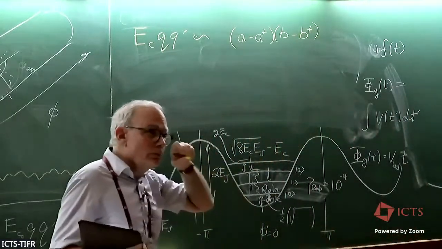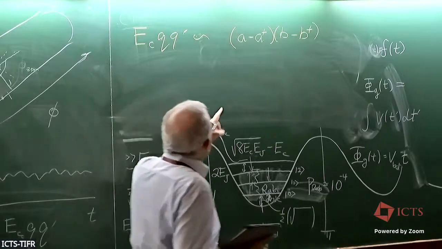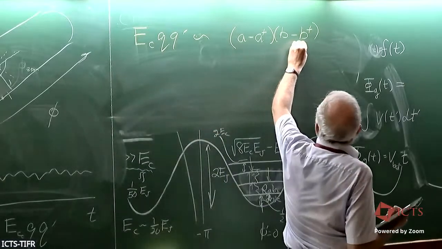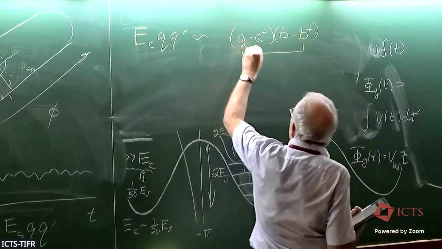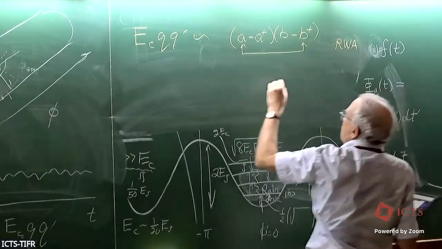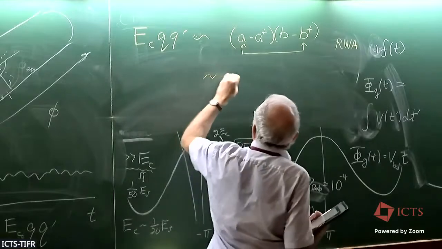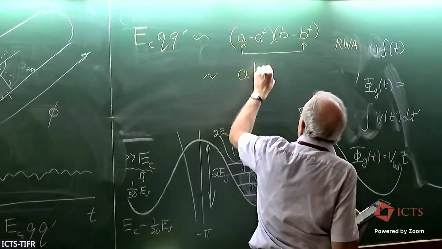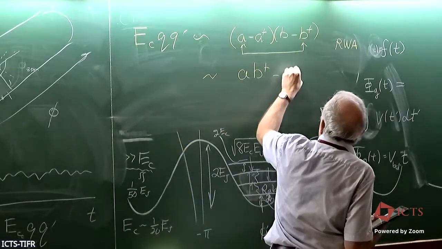And then you can recognize that, well, the normal thing, again, using rotating wave approximations, is to say that the only, quote, important terms of this are A times B dagger minus A dagger B.